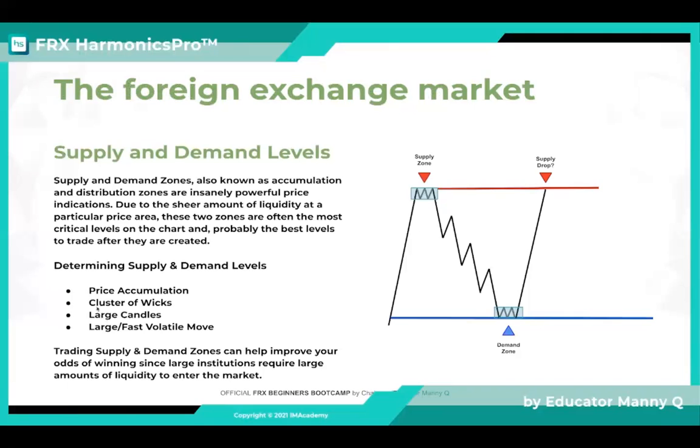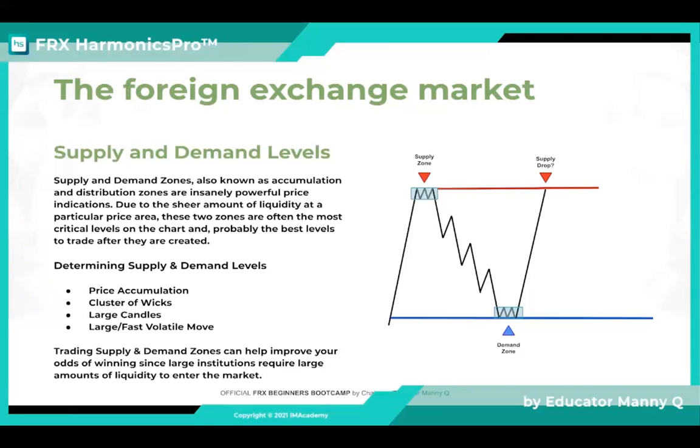Now, the telltale signs and factors of a supply and demand level after they have been established are: there may be a cluster of wicks in that particular zone. You will see very, very large banking candles leaving from those zones. And you also see large or fast volatile moves happening from these particular levels.